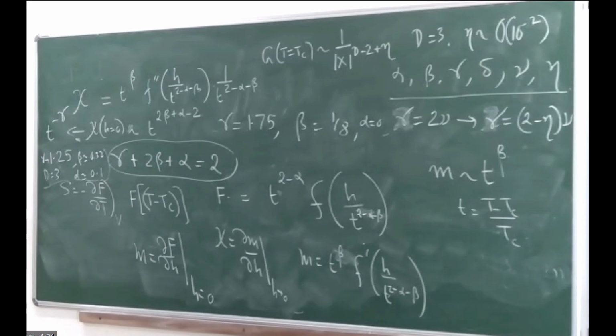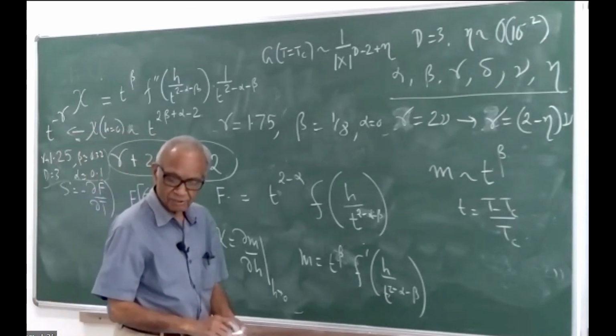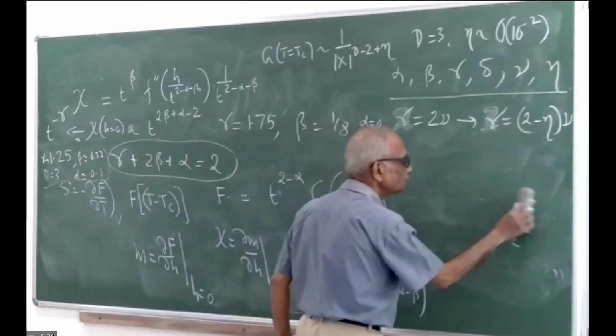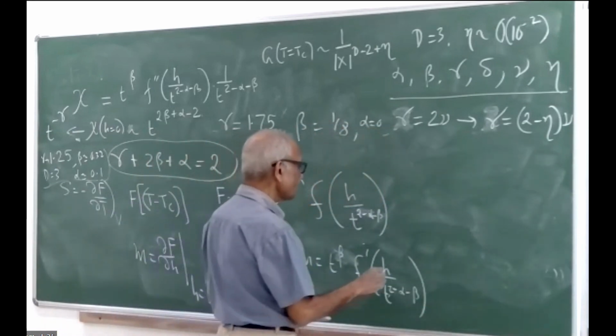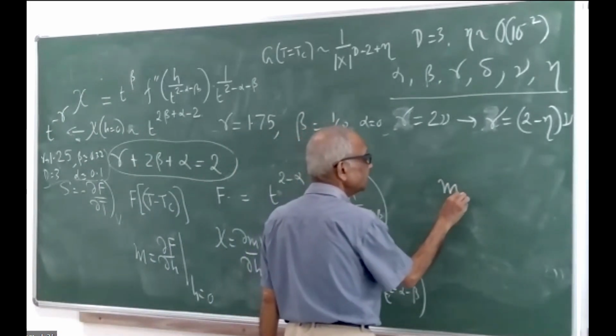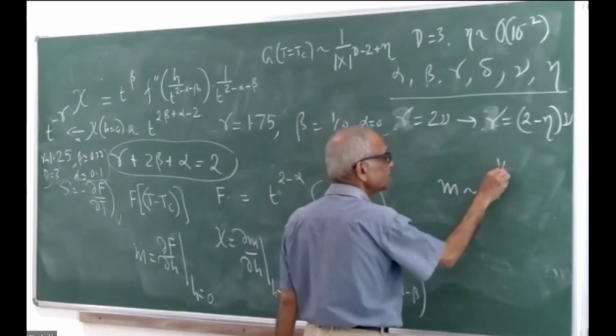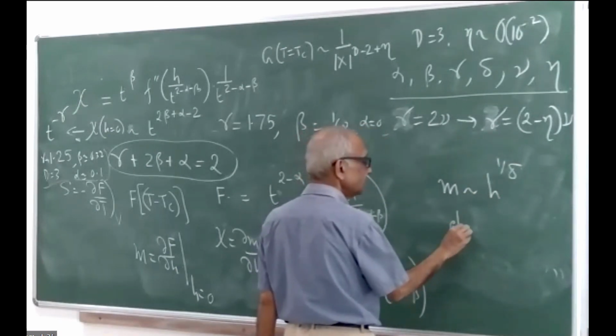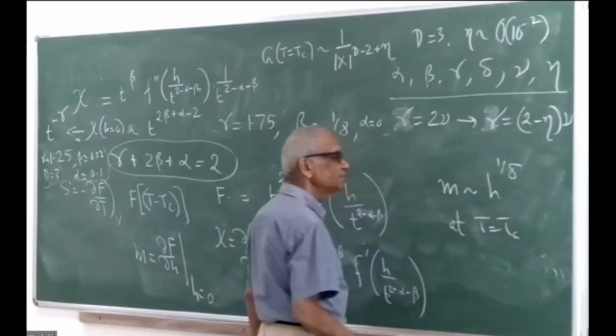So once again, quite equal. Because here we see alpha, beta, gamma, and mu, so what about delta? All right, since you asked for it, let's find out. Delta is defined by m versus h is h to the power 1 over delta at t equal to tc. So you can take it as that.